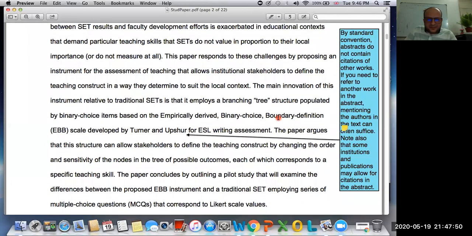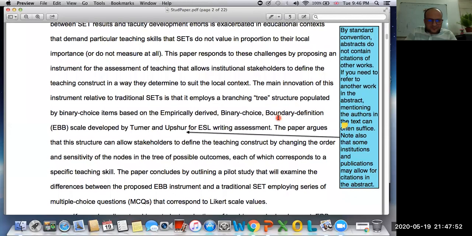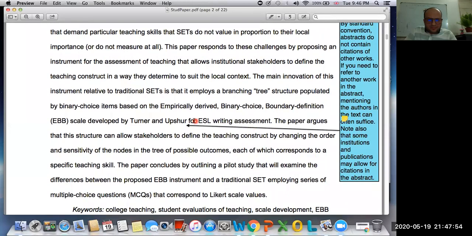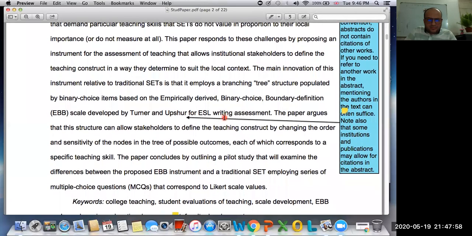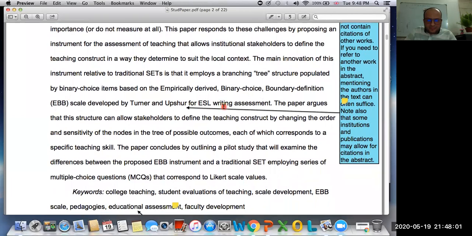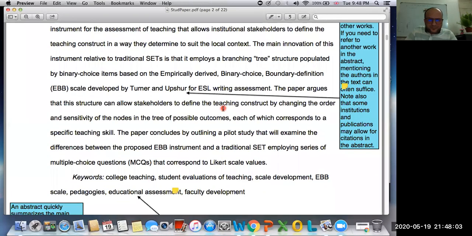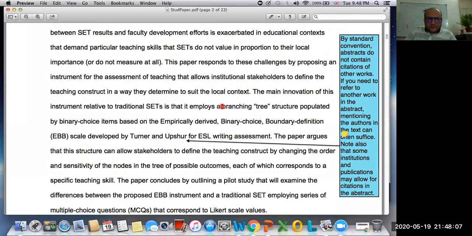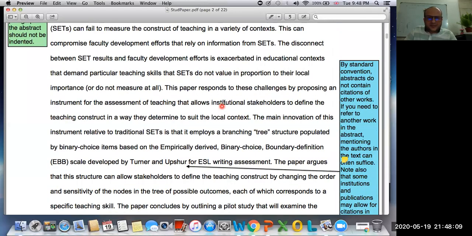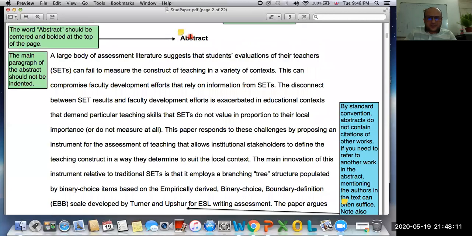As you can see here, one of the reasons is that the abstract should be uniquely original, should be uniquely created using your own words and style.